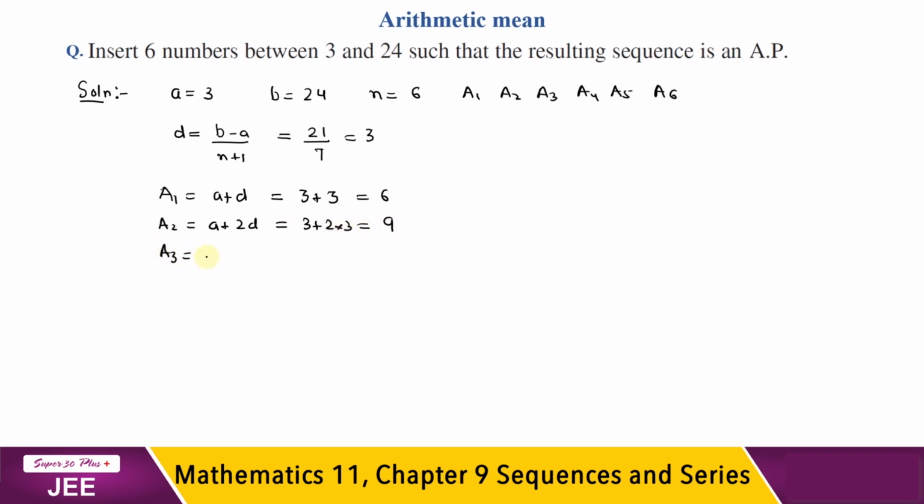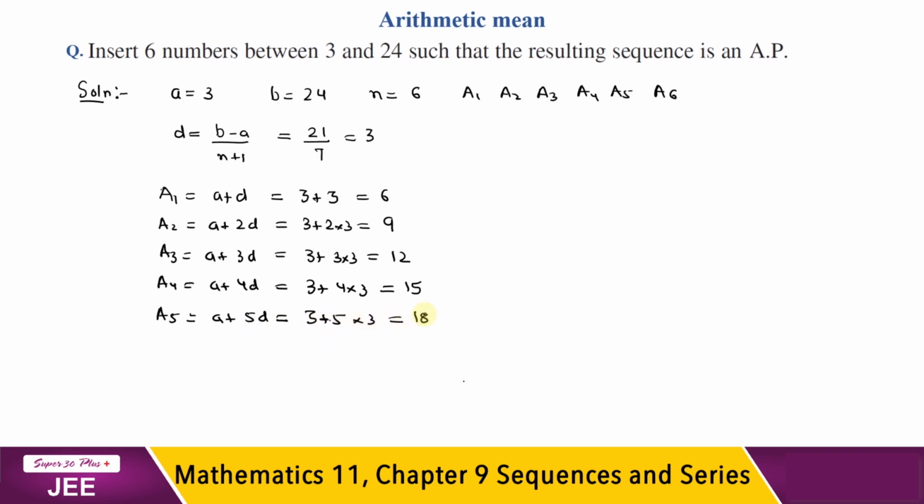A3 is equal to A plus 3D, which is 3 plus 3 into 3, which is 12. A4 becomes A plus 4D, so this is 3 plus 4 into 3, which is 15. And A5 is equal to A plus 5D, so this is 3 plus 5 into 3, so this becomes 18.